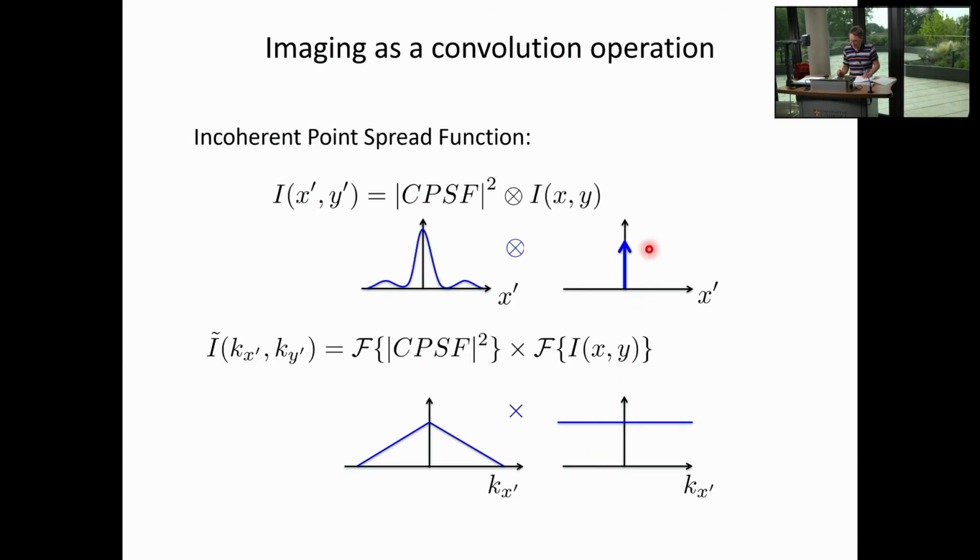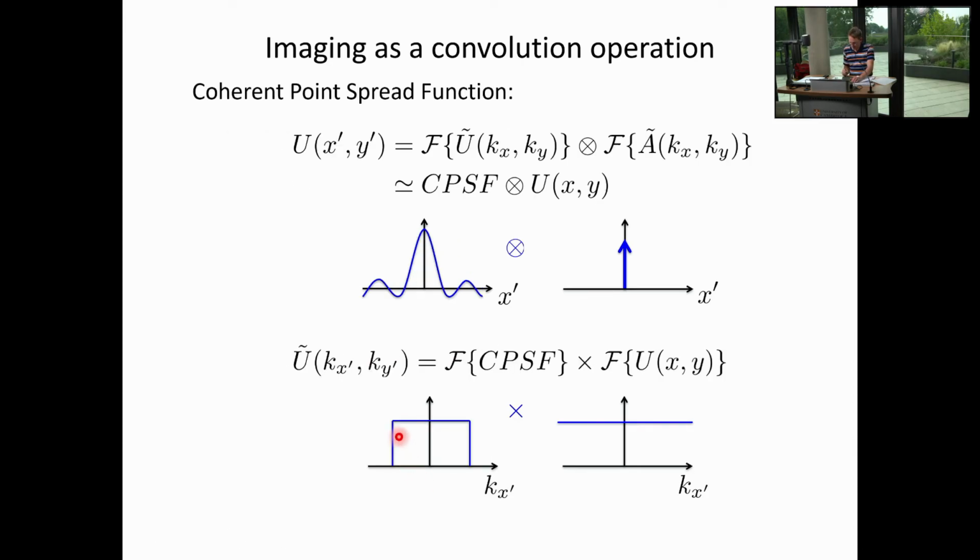The spectrum of this is, of course, infinite. A delta function squared is still a delta function, so its Fourier transform is still infinite in extent. But interestingly, the spectrum, the OTF, is now the transfer function, this function, times itself.